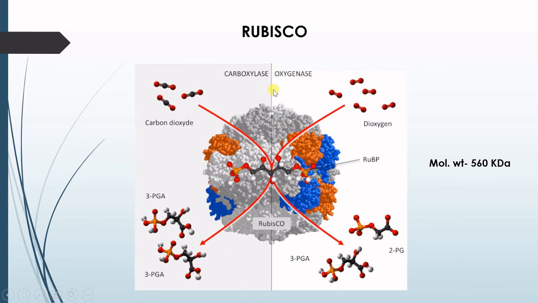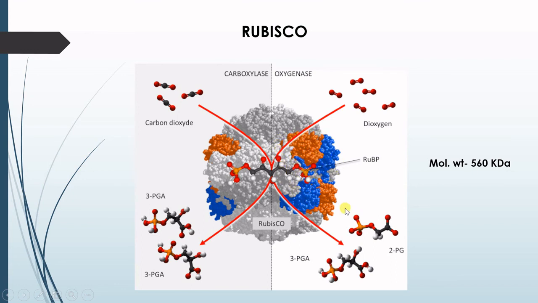But oxygenation of RuBP takes place in some unusual situations like high temperature, high oxygen concentration, high light intensity, etc. In such situations, Rubisco favors oxygenation of RuBP rather than carboxylation. So oxygen molecules occupy the active site of Rubisco.